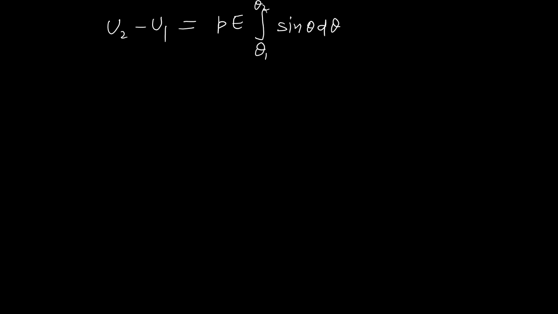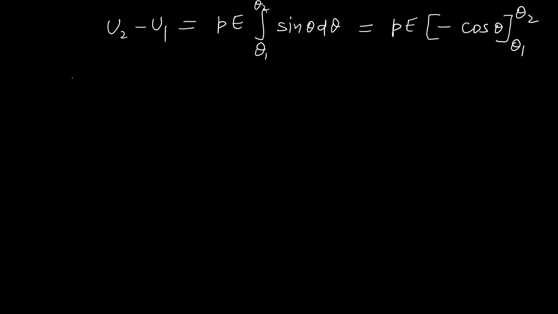For this we have to solve this integral, and the value of this integral will be p e multiplied by minus cos theta within limit theta 1 to theta 2.